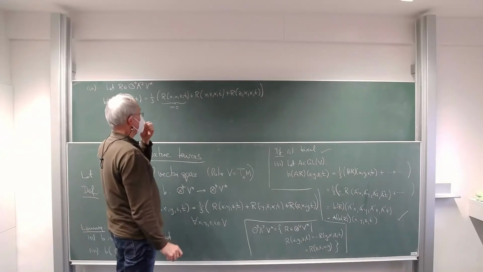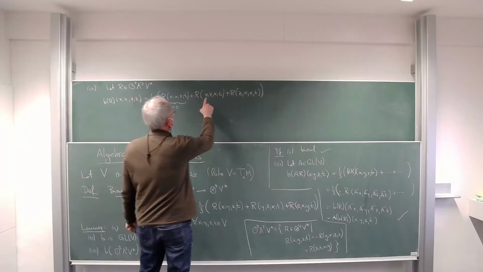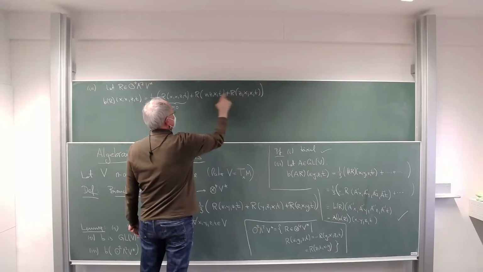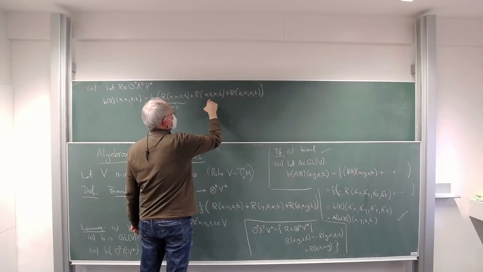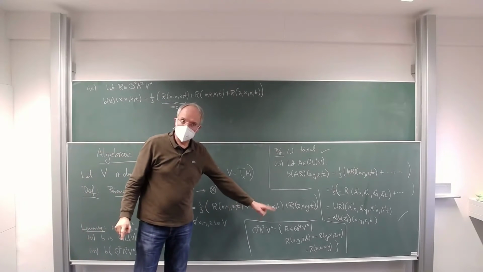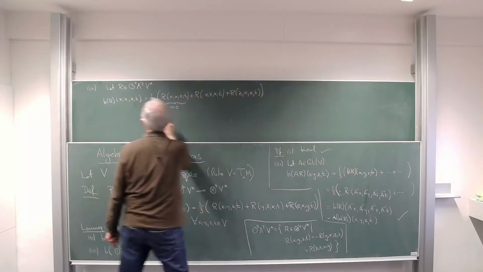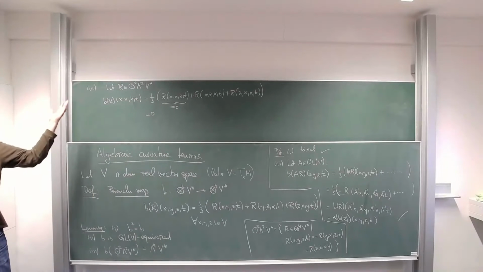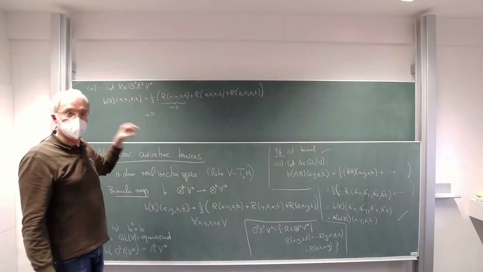And here, if we interchange the first 2 slots, then we get this one. But if we do that, again by this symmetry property, we get a sign. And therefore these 2 terms cancel. So we get 0. And the same thing if you equate any 2 other entries. Of course, going through all possibilities.